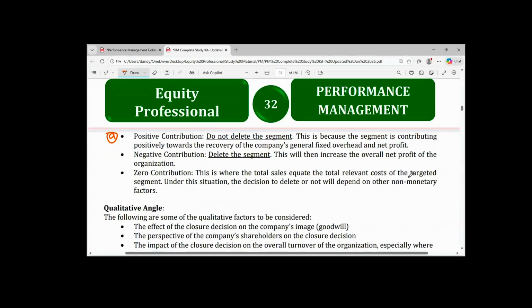All right? The segment should not be deleted. This is because the segment is contributing positively towards the recovery of the company's general fixed overhead and net profit.